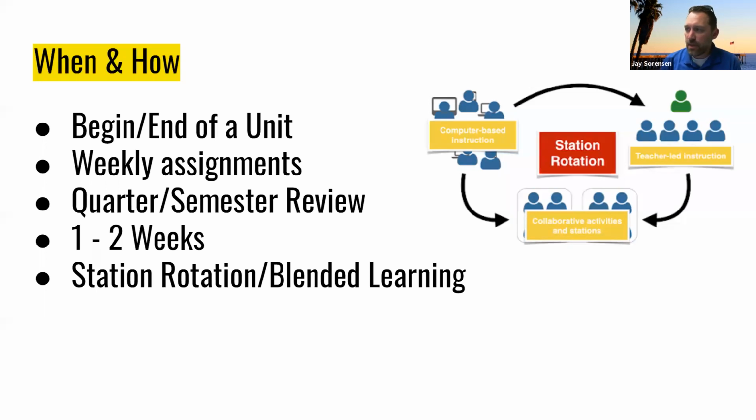There's usually the independent digital station where, you know, you're leveraging those tier one tools, those Edpuzzles, and those other types of digital tools that students can work on independently. They can answer questions. They can get that immediate feedback. It's doing the grading for me, so I don't have to be there with them, but I'm still getting good information on what they're understanding and what they're not understanding. And so typically there's an independent station.